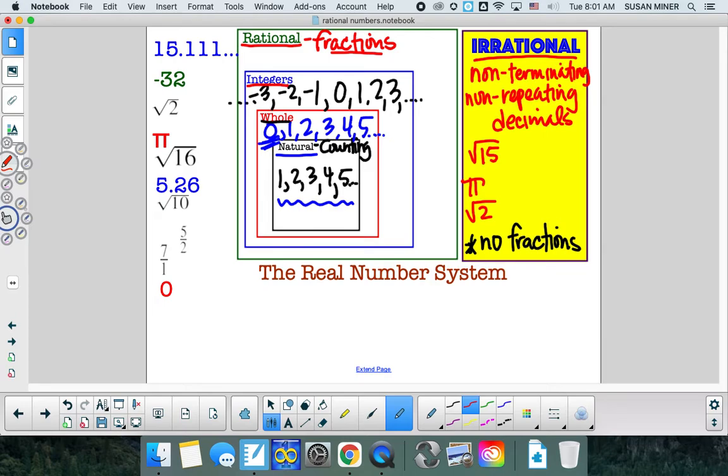And so I could also say any decimal number that can be expressed as a fraction. So any decimal number that repeats or terminates.